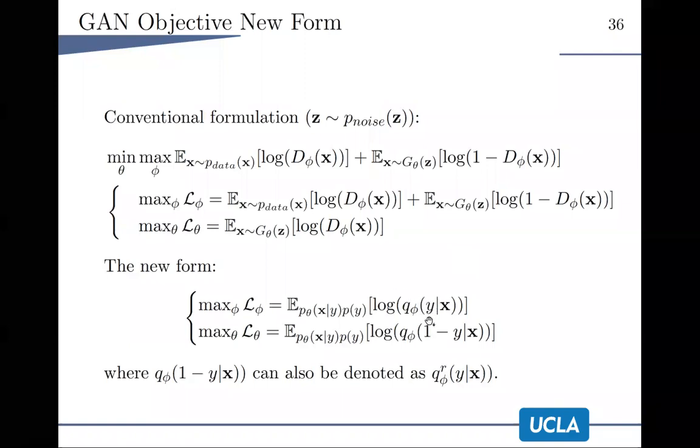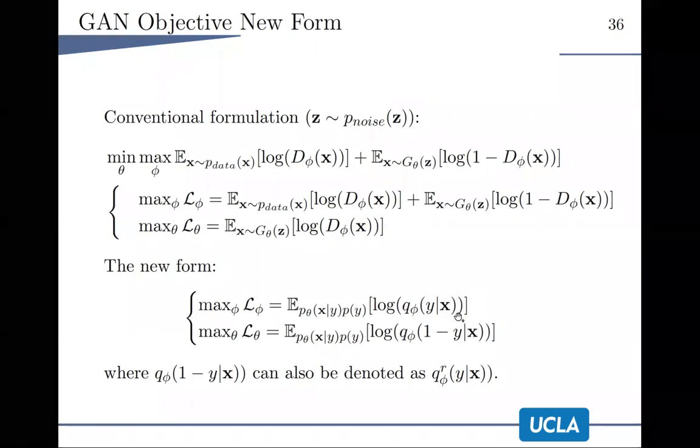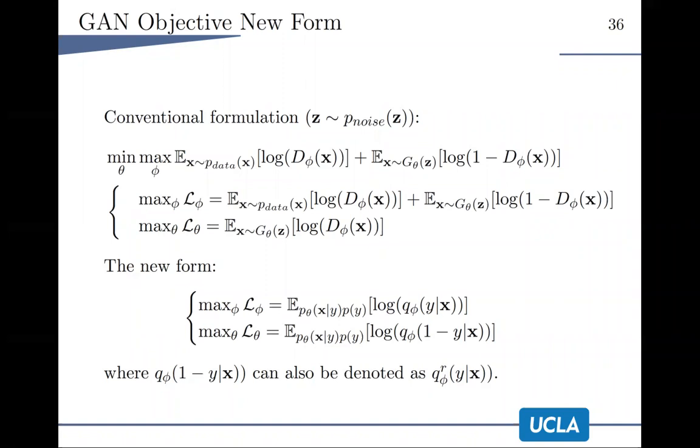So once again, we're expecting Y to be 1 when it's the real data, and 0 when it's the synthetic data. So I think it's just rewriting. Is there any definition to this Q?